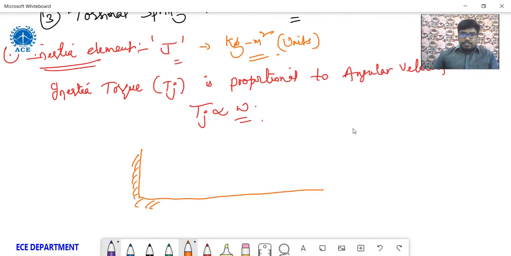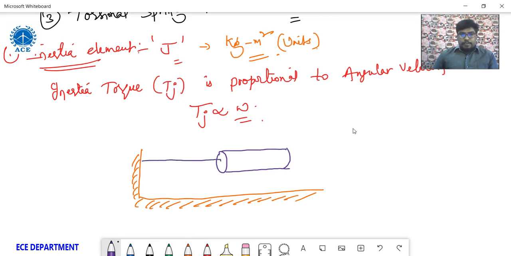This is reference, and see, this is the inertia element. Now here torque is applied in this direction.